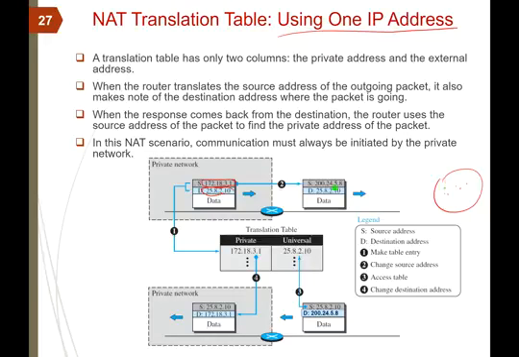Now this will go to the router. The router will check: this IP is private, so it will use the public IP now, and the destination is the outside network, and send it over the network.